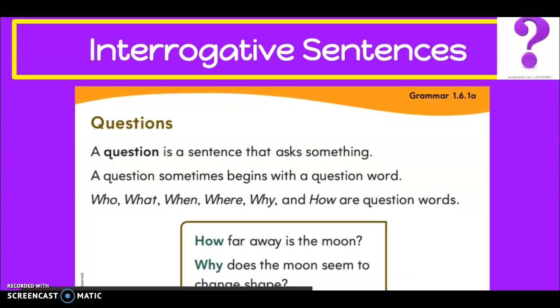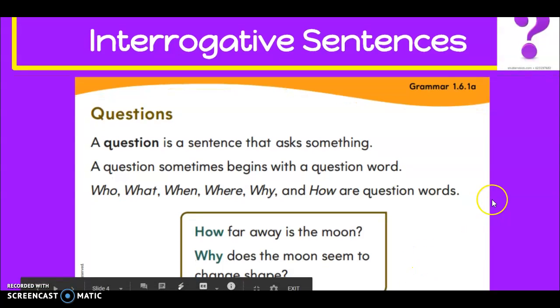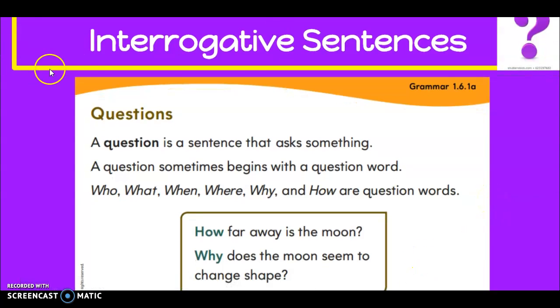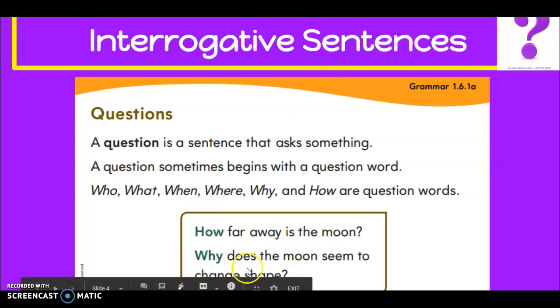Those are question words that you might see in a question or interrogative sentence. Some examples of an interrogative sentence are how far away is the moon? Why does the moon seem to change shape? Those are questions that ask something. And the fancy word for a question?